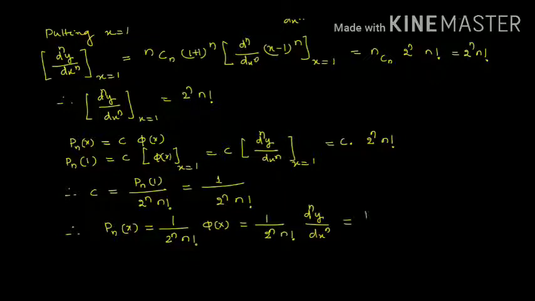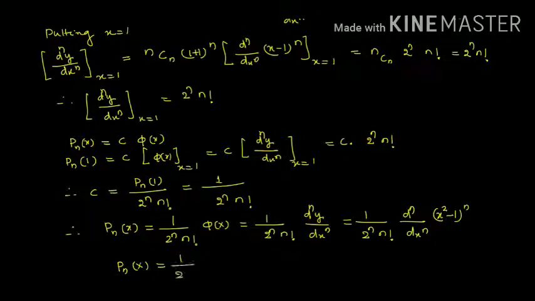So this is equal to 1 by 2^n factorial n d^n by dx^n of (x square minus 1)^n, since (x square minus 1)^n is y. So Pn of x is equal to 1 by 2^n factorial n into d^n by dx^n of (x square minus 1)^n. So this is the Rodrigues formula for Legendre polynomial.